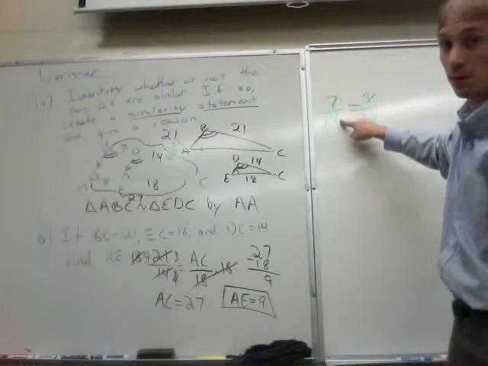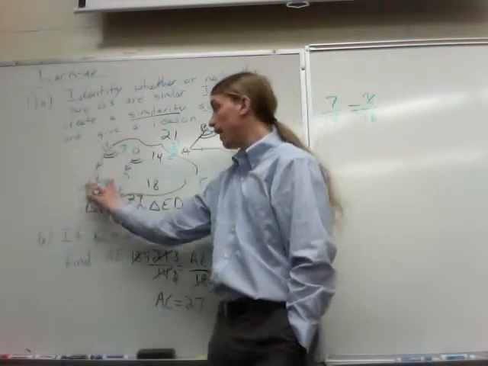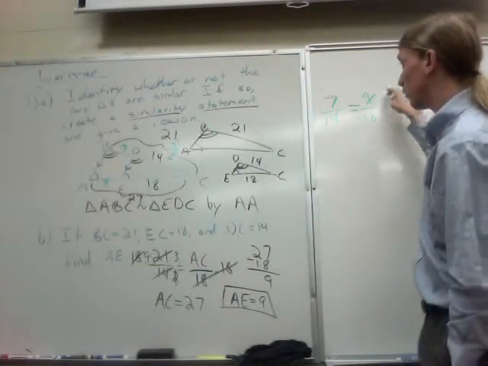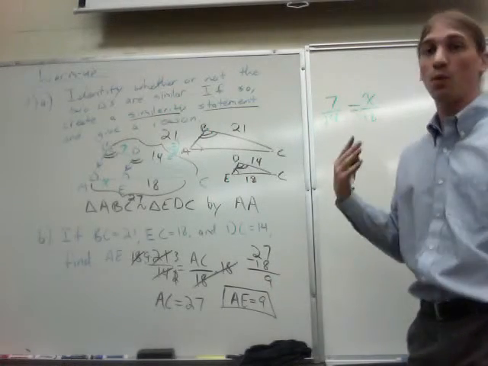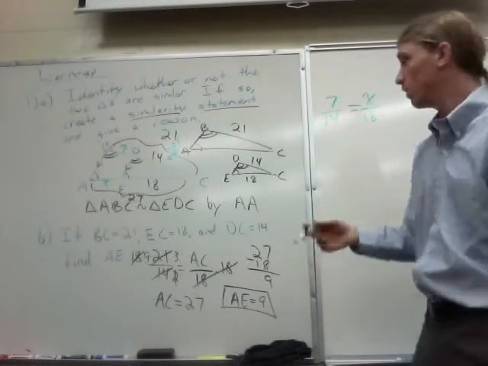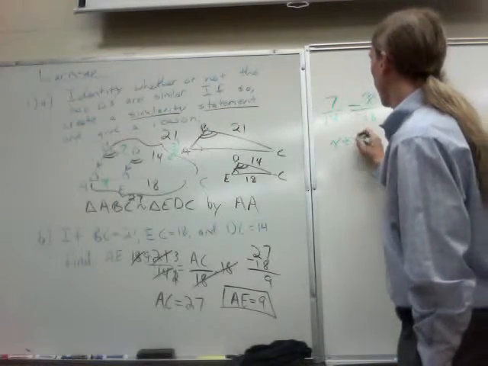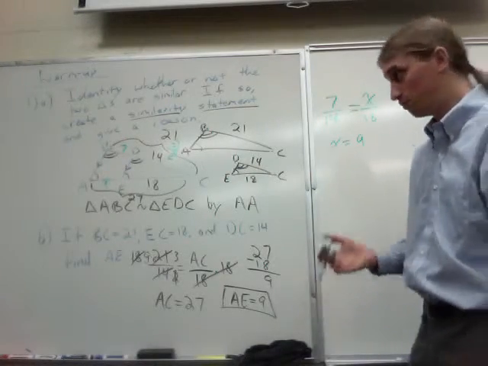Smaller part to bigger part. Then when I go over here, smaller part to bigger part, X to 18. So I'm being consistent once again, even though it's a different ratio than I set up originally. I'm still being consistent in the way that I'm creating my proportion. At this point, we could do the whole cross multiply thing, and you would get X equals 9, just like we got in the other problem originally.